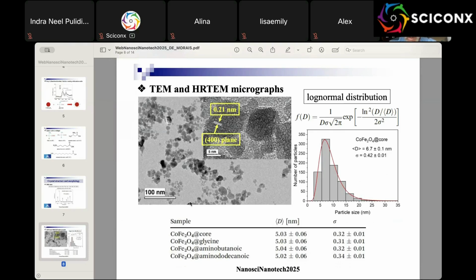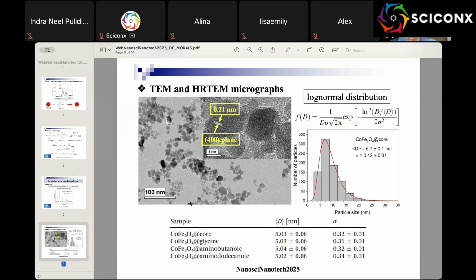For this particular set of synthesis, we found the mean size of 5.03 nanometers and size dispersity 0.32, which is a more narrow particle size distribution as compared to the one I showed in the upper part of my slide. So the table refers to a different synthesis from the one I'm showing on the upper part. And then if you look at glycine coated cobalt ferrite nanoparticles, the mean size is about the same.